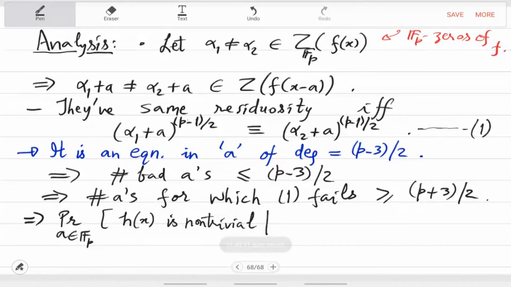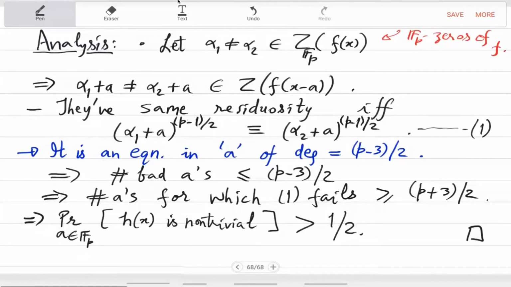That is already in the pre-processing, so obviously F factors. So, let me not even say that. This is more than half. So, the probability that for a random A, your Cantor-Zassenhaus algorithm will factor F.